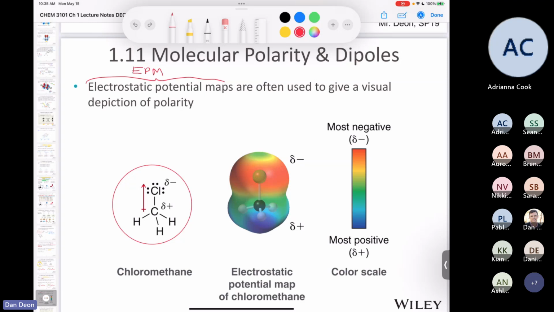And then they use a light blue or dark blue color to show you that there's very little electron density around the carbon. They're useful from time to time. I don't use them a whole lot, but the book uses them from time to time to explain different concepts. So just so you know what it is, it's just to show you where there's most of the electron density and very little of the electron density in a molecule. And it helps you predict reactivity sometimes when you're trying to learn that.